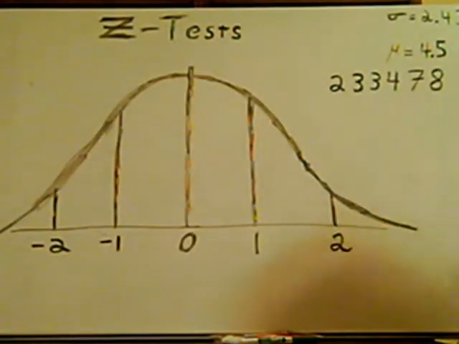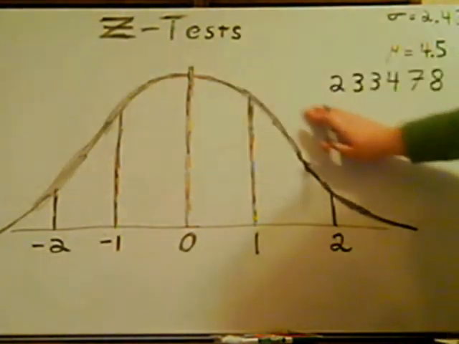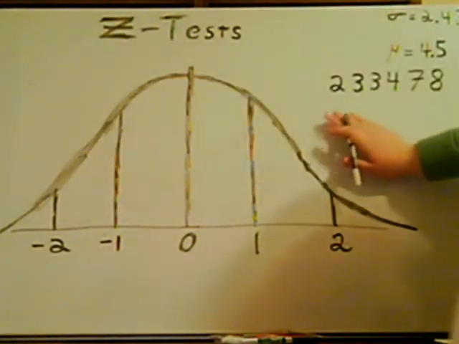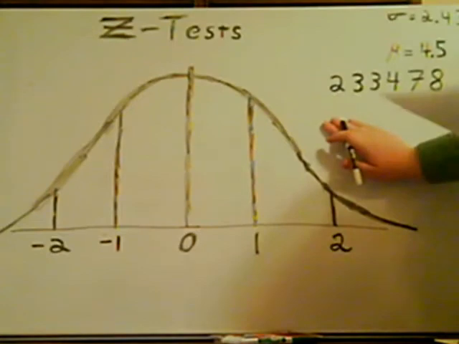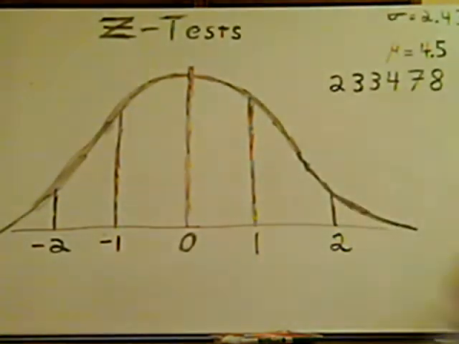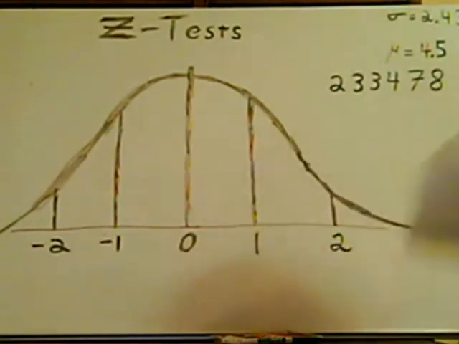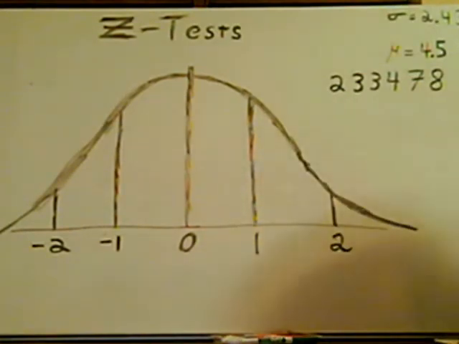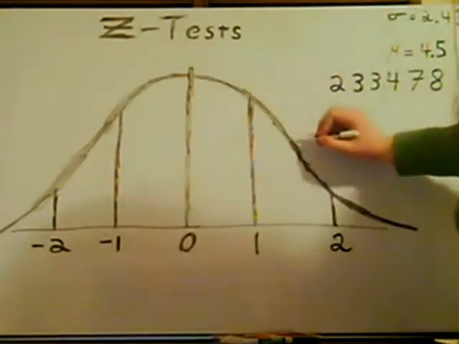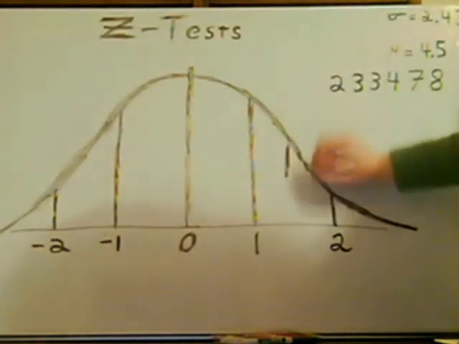Okay, we're back here with our standard curve, and now we're going to put that z-score that we just found to use. So we just found a z-score of 1.44. Let's go ahead and plot it on here, and 1.44 would put us at about right here, a little under halfway between the standard deviations.